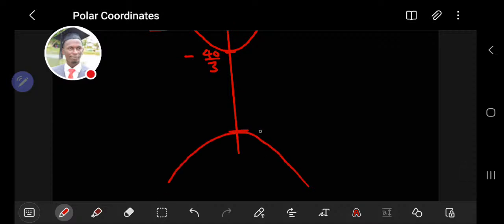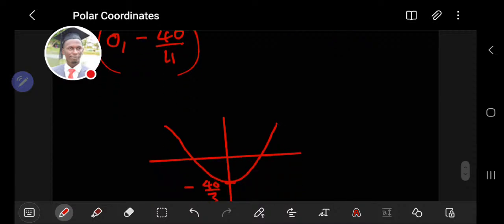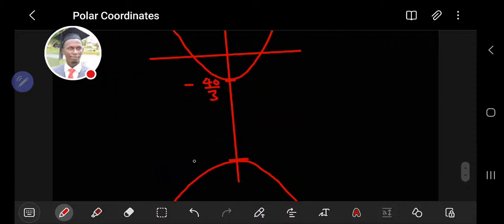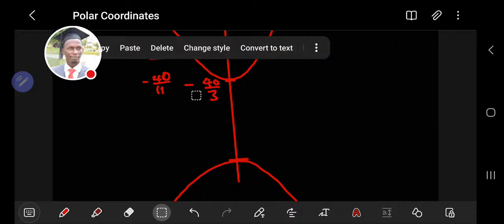And this one here, if we check what we just found, is negative 40 over 11. So this is negative 40 over 11. Okay, so let's see. I think this is going to be bigger. This is going to be relatively smaller. So I can swap these. This can go up and this can come down.